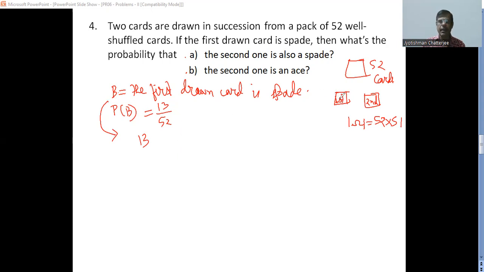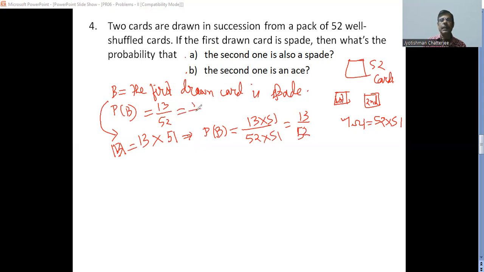And once that is done, the second card can be any of the remaining 51 cards. That's why the number of favorable outcomes for B is 13 into 51. We already know the size of omega, so the probability of B becomes the ratio of these two, 13 into 51 by 52 into 51, that is 13 by 52. You can write this as 1/4.